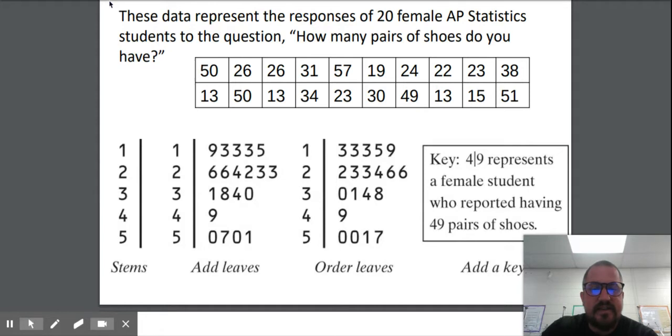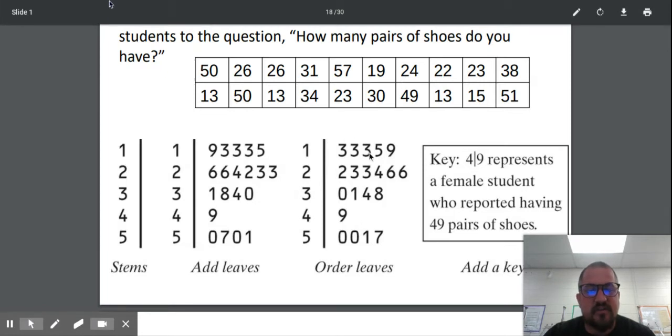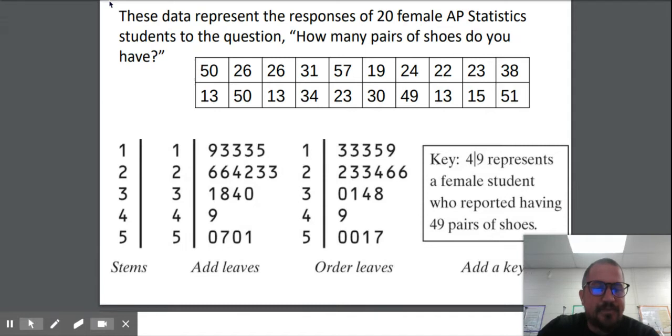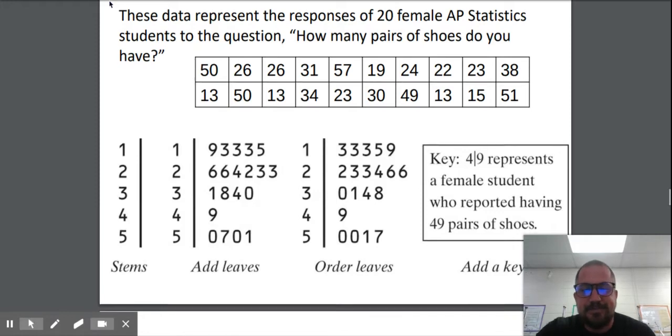And then we have our leaves. Notice they made the leaves, but then you must put them in order. If a number repeats, you do write it more than once, and it goes in increasing order. So this one on the right is your final stem plot, and there's your key, which tells the person, hey, 4|9 means a female student who has 49 pairs of shoes.